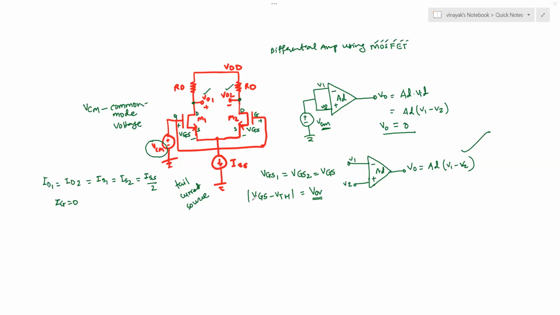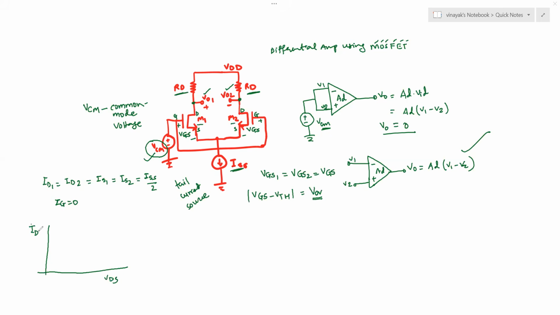And the condition of operation of the differential amplifier is that both your biasing or the operating points or the bias points, which you will decide by choosing appropriate values of the resistors and the current in the circuit for a given differential or common mode voltage, is such that your M1 and M2 both should be operating in the saturation region, and that is graphically illustrated by the IV characteristics of the transistor.